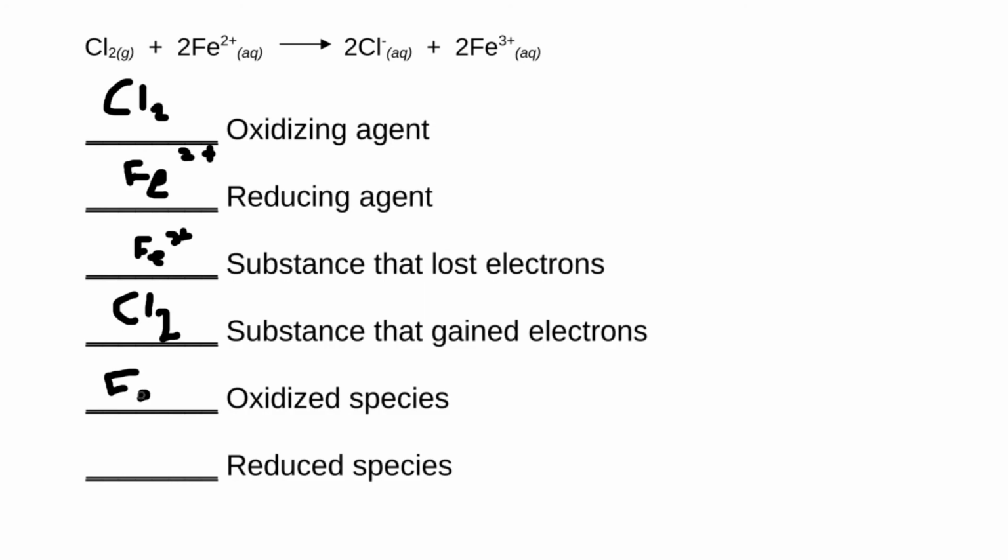Important to note that if we refer to it as iron here, it could be confused as either Fe3+ or Fe2+, which causes some confusion in terminology, so it's not good. And the reduced species is the opposite. Here it would be again Cl2.